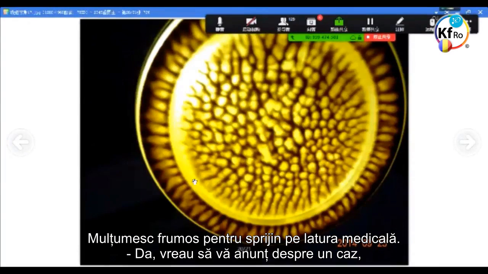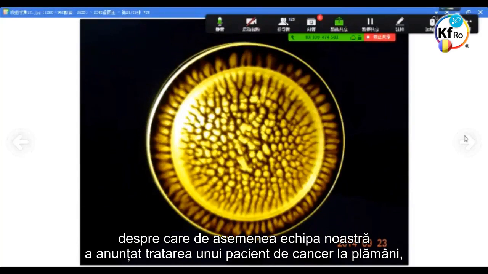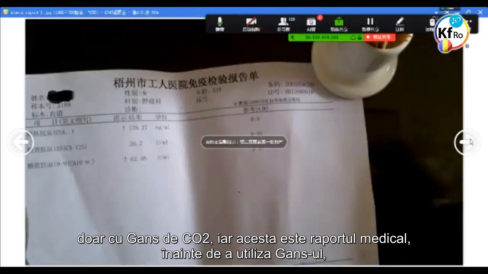Thank you very much for your support with the medical side. Yeah, I want to show you a case that also our E19 announced: the cure of a patient with lung cancer just with CO2 gas. So this is the examining report, before they used the gas.